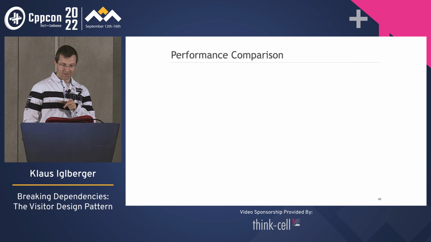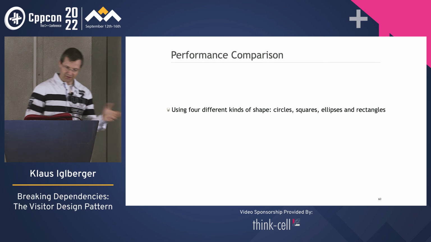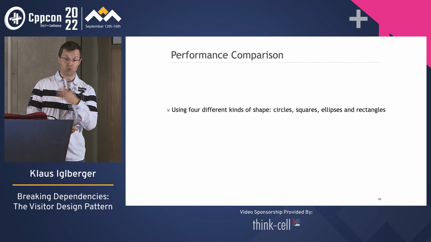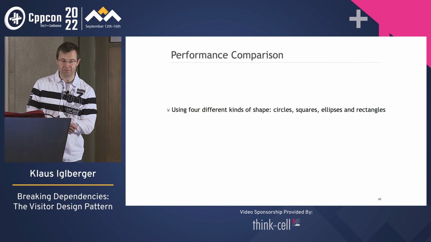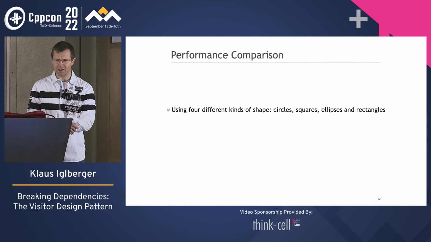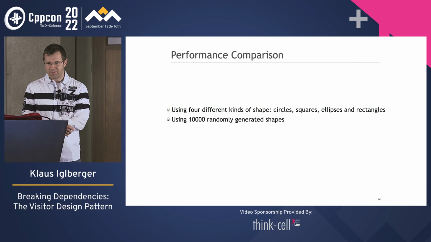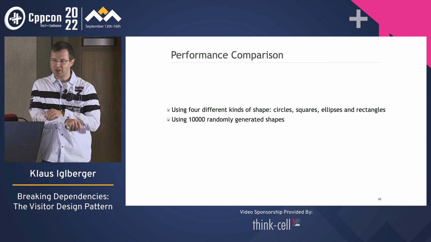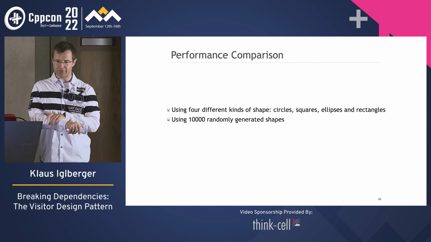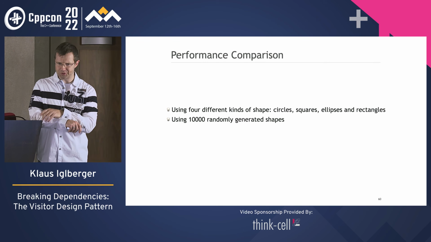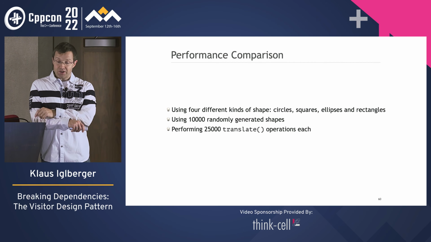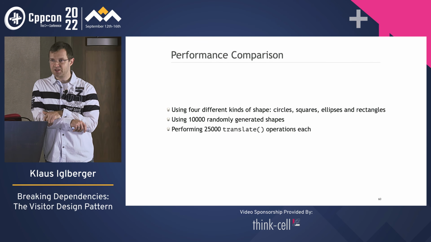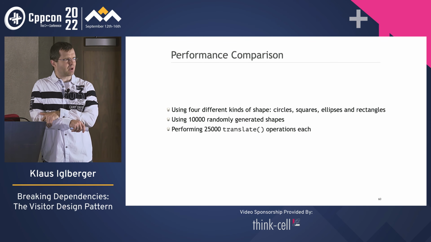So, performance, I should quickly give you an idea what I actually benchmark. Now I have 4 different kinds of shapes: circles, squares, ellipses, and rectangles, which I believe is a little more realistic. I have 10,000 of these, but randomly generated. So it's not necessarily 2,500 of each, but well, probably close. I do 2,500 translate operations, which I specifically chose because it's a very cheap and a very simple operation.